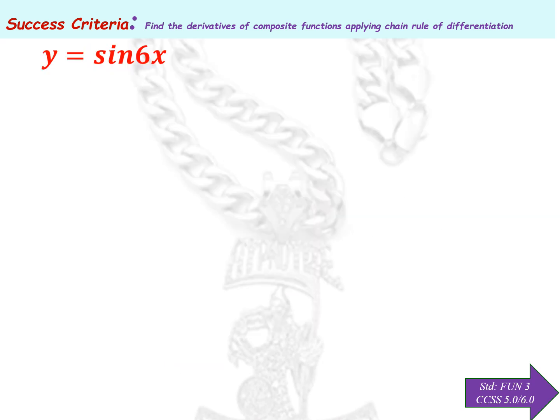So sine 6x, there is no power given to you, which means that this sine is your outer function and 6x is your inner function. Now take the derivative. You know that the derivative of sine is cosine, right? But we cannot write the cosine alone, for which we have to write the angle.